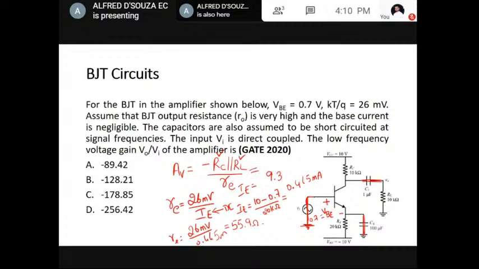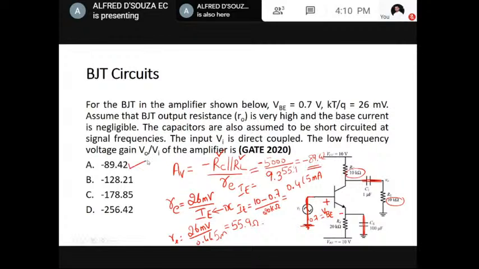So RC parallel RL, that is 10K parallel with 10K will become 5000, minus 5000 because it is going to introduce a phase shift of 180 degree. RE we calculated just now, it is 55.9. So you will get the answer as minus 89.42.